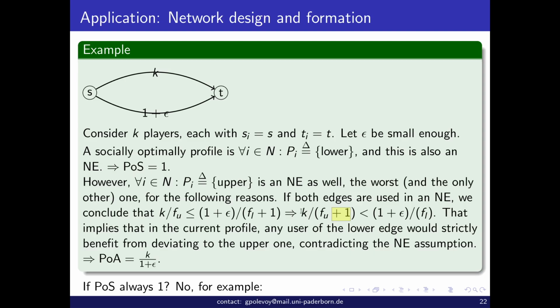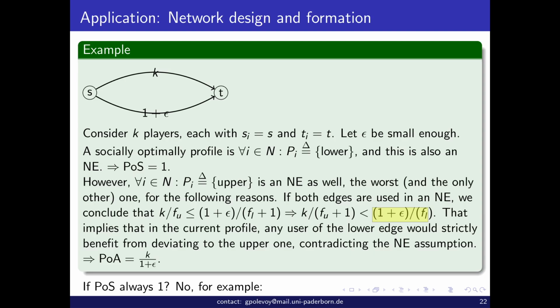And since we have just concluded that that expression is strictly smaller than 1 plus epsilon divided by fl, than what she paid before, that means that that deviation would have paid off. And that contradicts the assumption that it's a Nash equilibrium. So indeed, there is no Nash equilibrium where some users use the upper edge and some users use the lower edge. They all have to use either the upper edge or the lower edge.